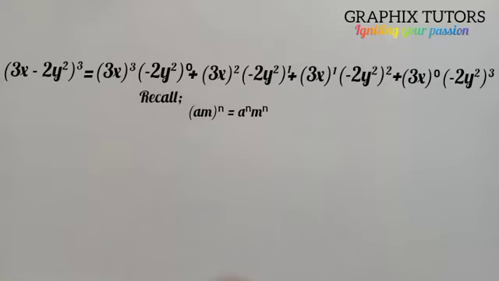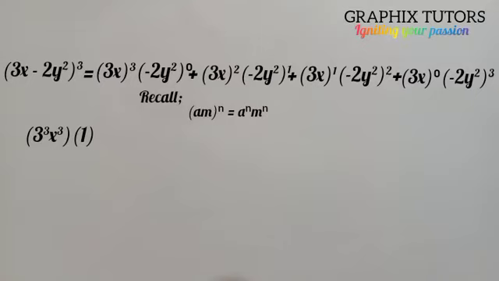So if I implement it here, I will now be having 3 to the power of 3, x to the power of 3, right, in one bracket. Then since this minus 2y squared to the power of 0, anything to the power of 0 is what? 1. So I put 1 close to it. Now if you look, we have 3x in brackets all squared, multiplied by minus 2y squared in brackets all to the power of what?